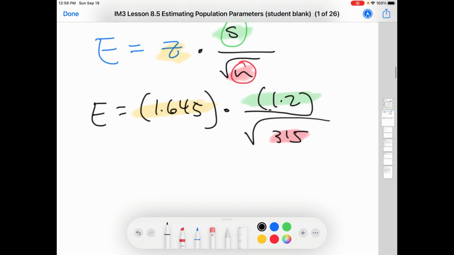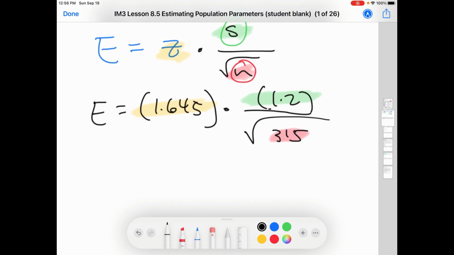And if you didn't know, in your fractions, how do you make 1.645 a fraction? You basically put it over 1, and that's why I'm drawing that fraction line. It's really 1.645 times 1.2 divided by the square root of 315. Let me go ahead and take a screenshot with my phone.